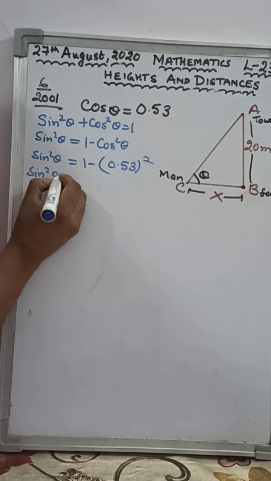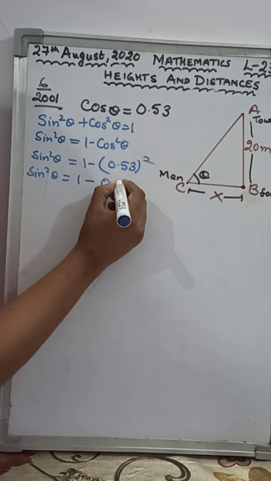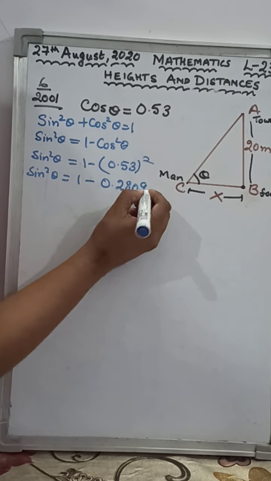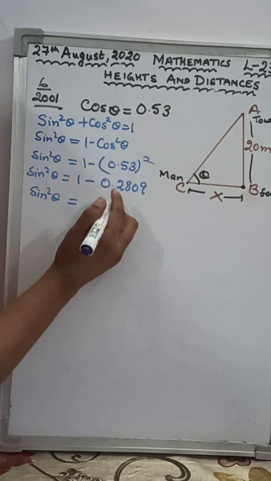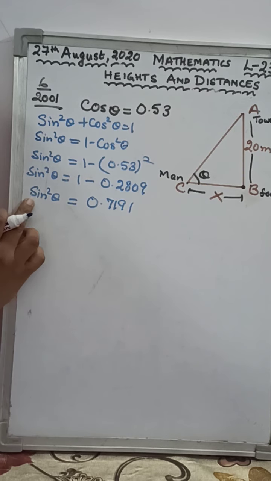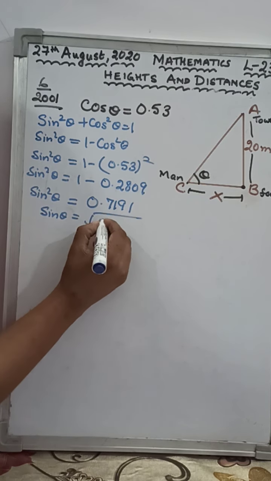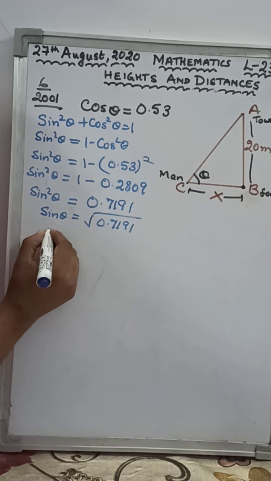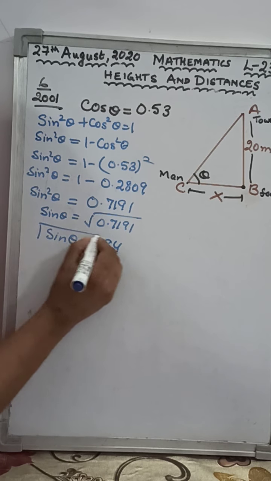When you square it, you will get 0.2809, and subtracting it, this calculation is too much, gives 0.7191. This is sin square, so you have to find the under root of this. It comes out to be 0.84.